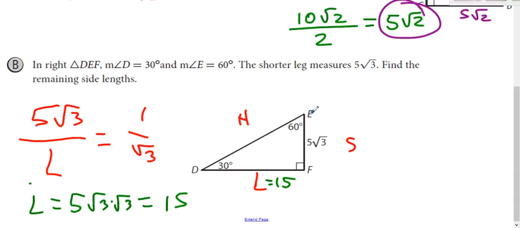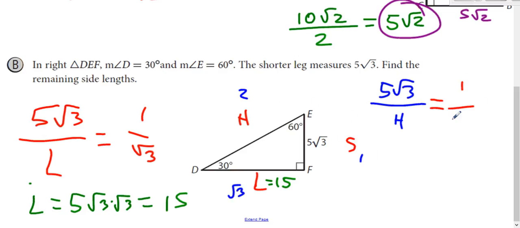The hypotenuse, we've got the ratio is 1, 2, and this side gets the square root of 3. So short side is 5 square root of 3 over the hypotenuse, we don't know. That's equal to the ratio. The short side gets a 1, the hypotenuse gets a 2.